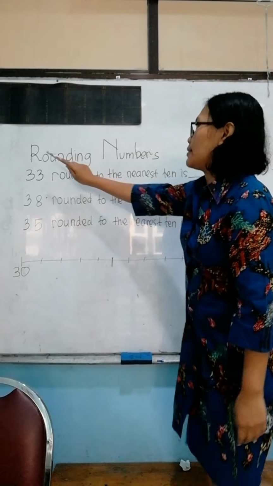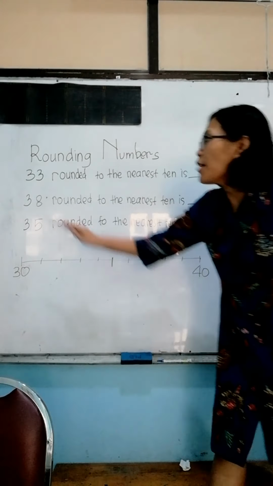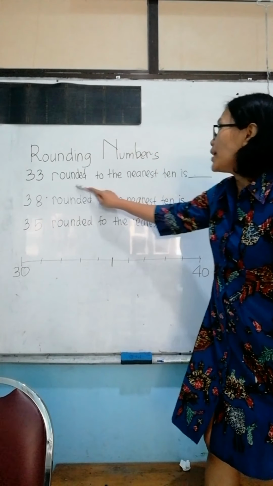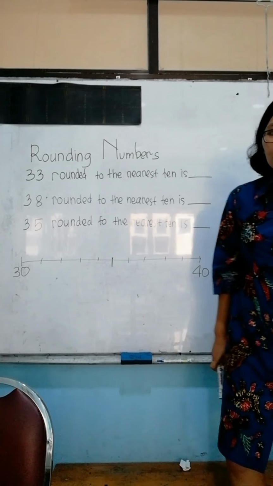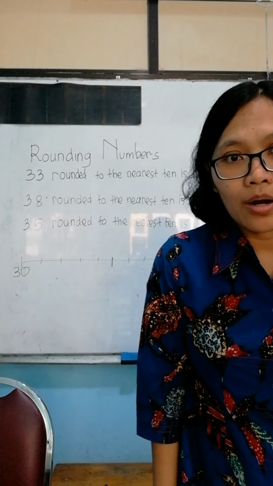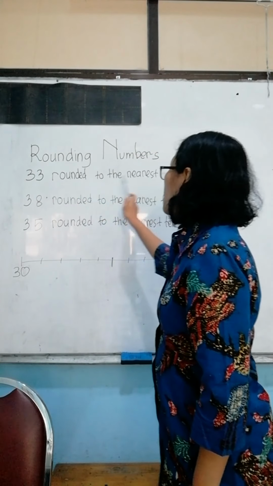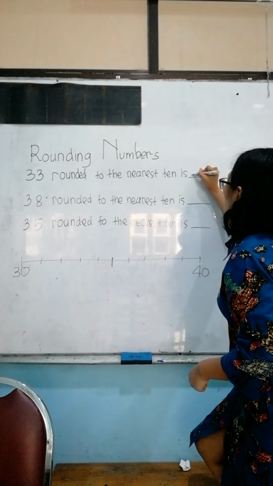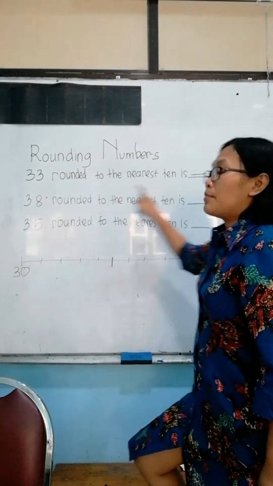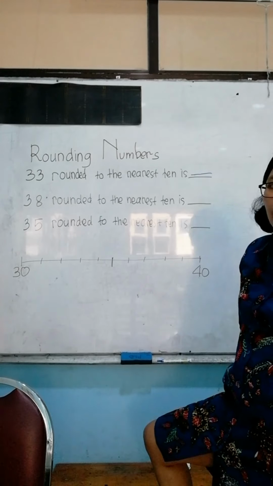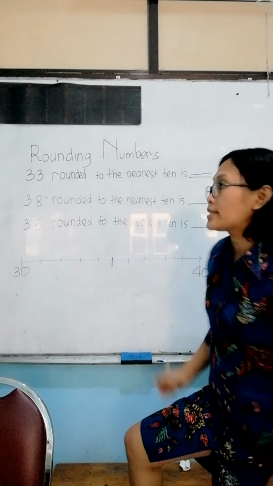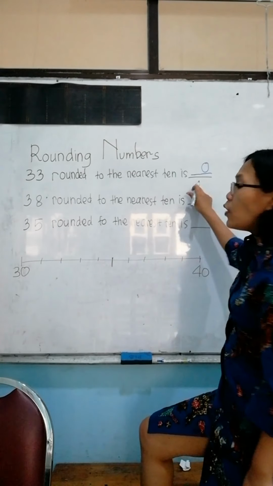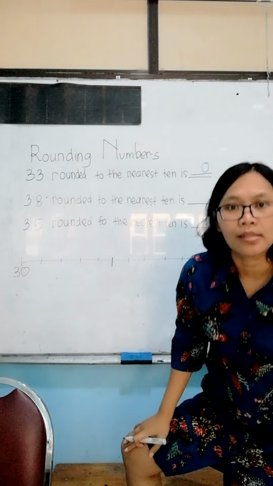Now let's take a look at this. Rounding numbers. I have 33. Round it to the nearest 10. Like I've told you before, when you round to the nearest 10, the ones digit is always 0, okay? These are 2-digit numbers, so I write it down here: 2-digit number. The ones is always 0. But how about the 10s?